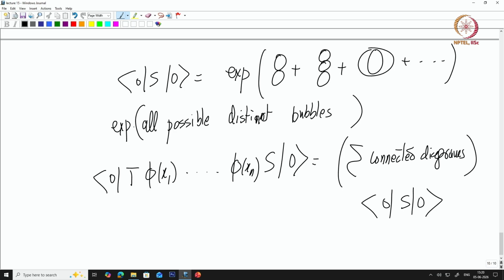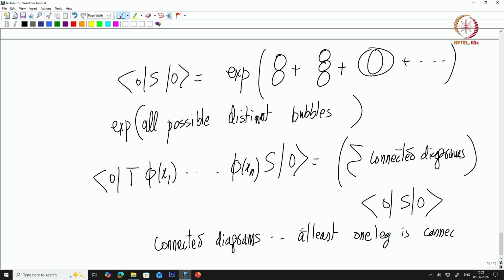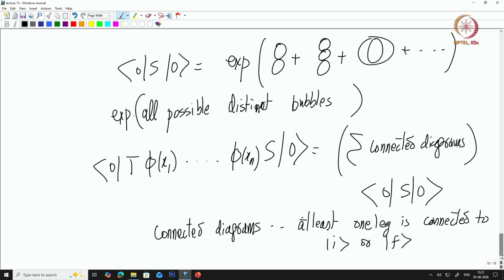So when I say connected diagrams, it means at least one leg is connected to an external state, connected to either the in state or the out state, one of these states essentially.